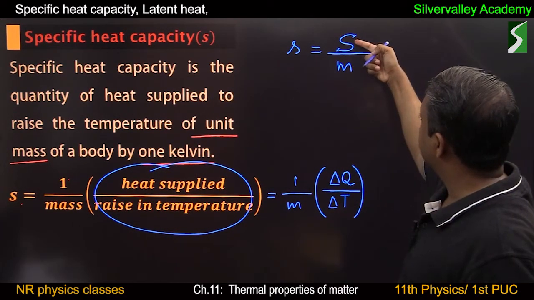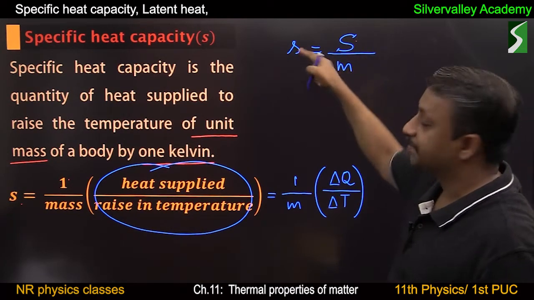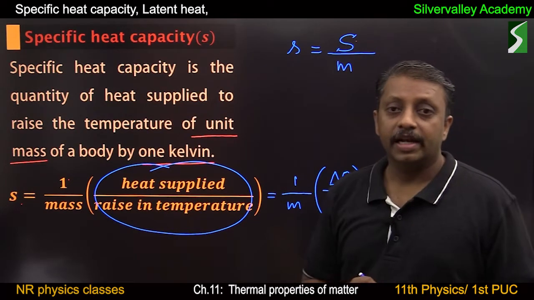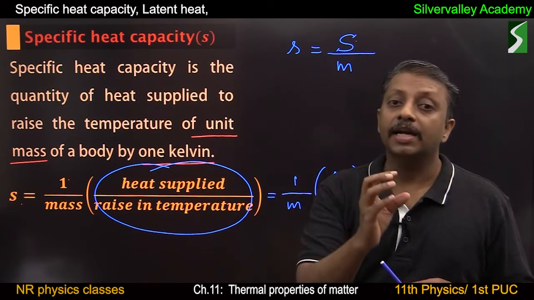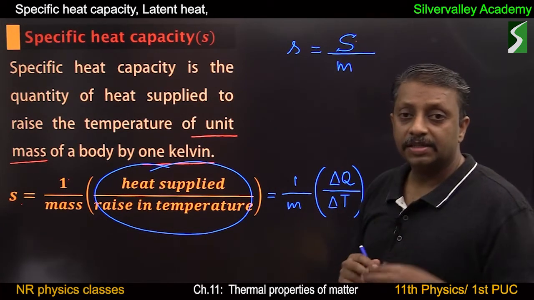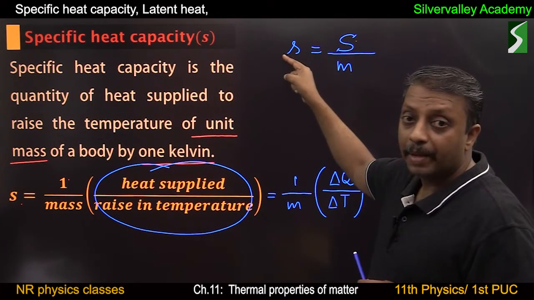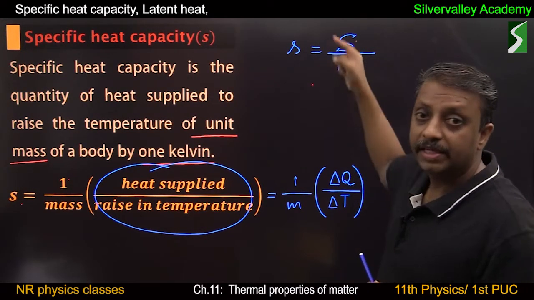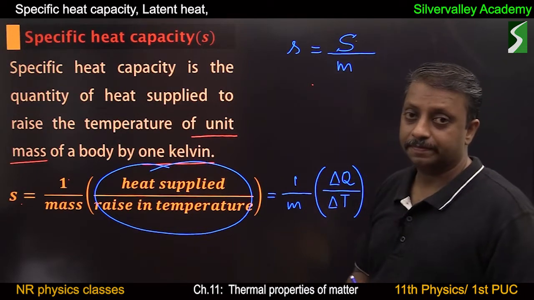So heat capacity per unit mass is specific heat capacity. So this can be asked for 1 mark. Write the relation between heat capacity and specific heat capacity. In terms of statement, specific heat capacity is heat capacity per unit mass.